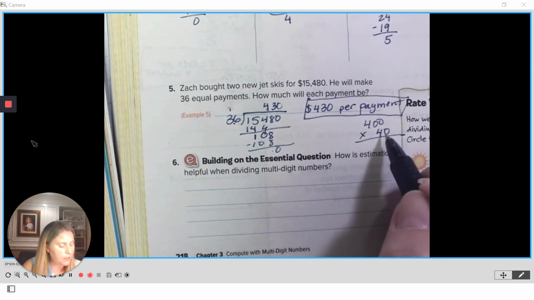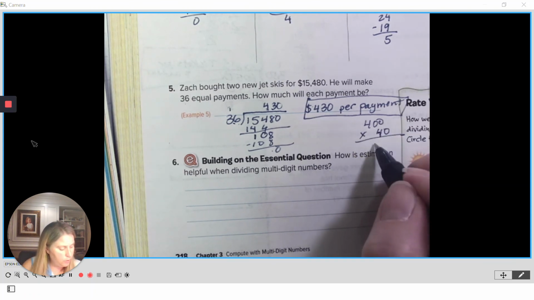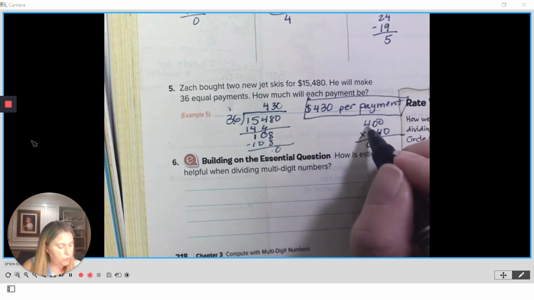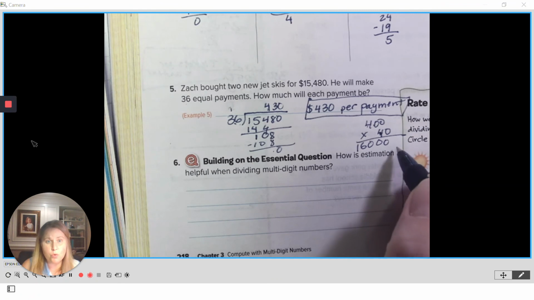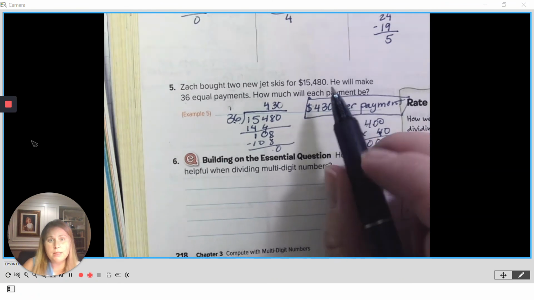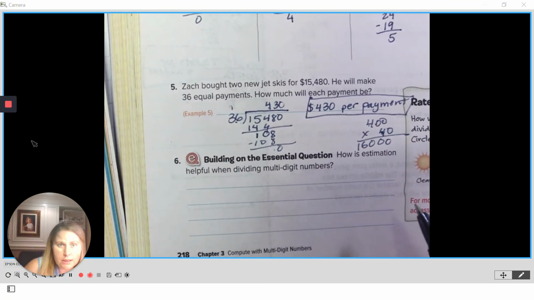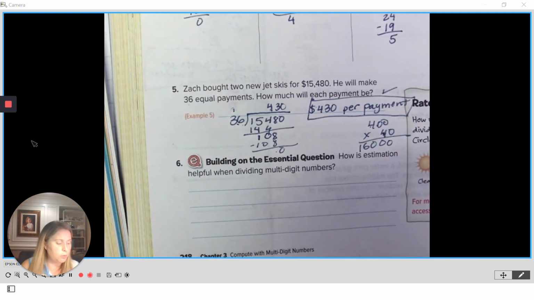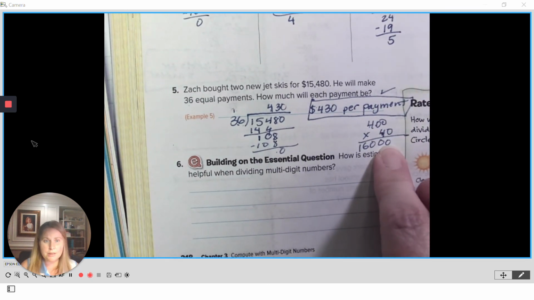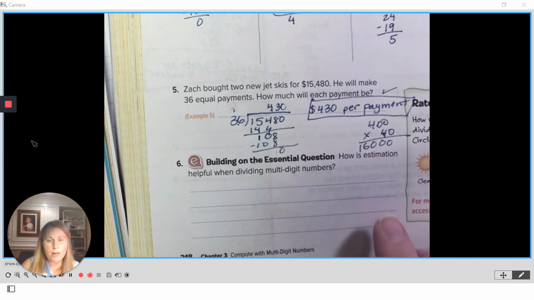Just to check for reasonableness. 4 times 0 is 0, 4 times 0 is 0, 4 times 4 is 16, and then this 0, because we weren't just multiplying by 4, we were multiplying by 40, so that's 16,000. That's very close to 15,840, so it is a reasonable answer. That's our check for reasonableness, so we can always check that at the end as well.